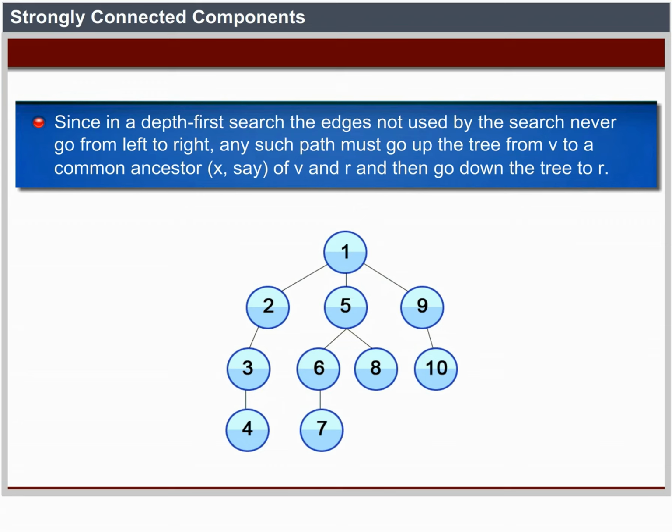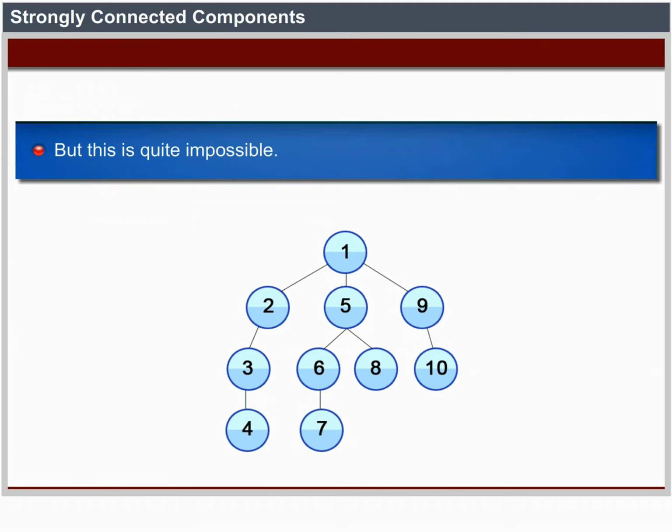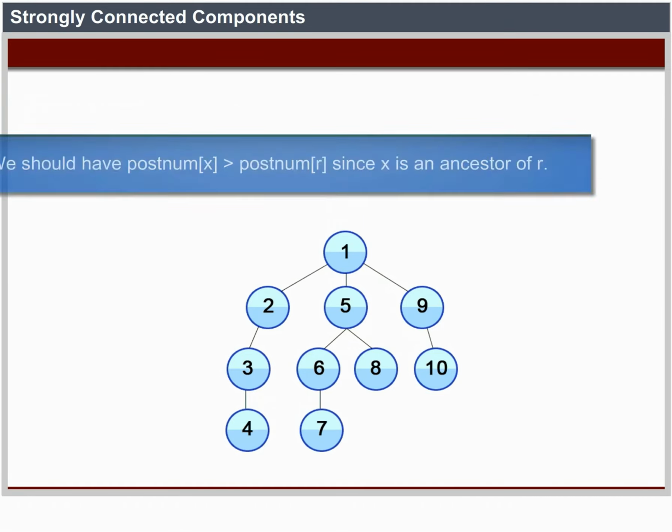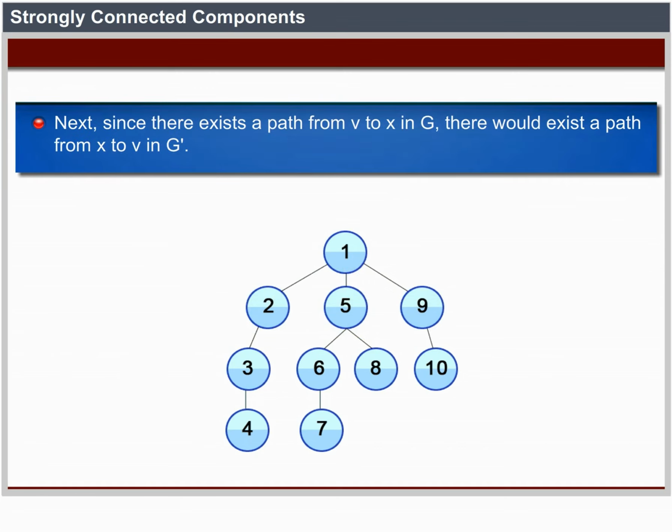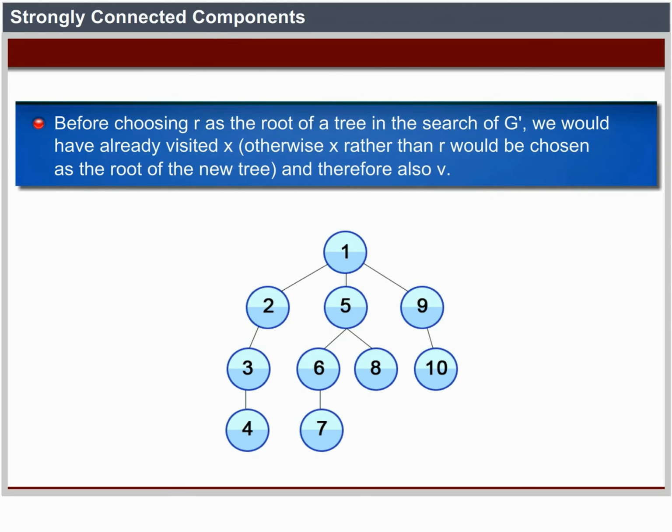We should have postnum of X greater than postnum of R, since X is an ancestor of R. Next, since there exists a path from V to X in G, there would exist a path from X to V in G'. Before choosing R as the root of the tree in the search of G', we would have already visited X. Otherwise, X rather than R would be chosen as the root of the new tree, and therefore also V.